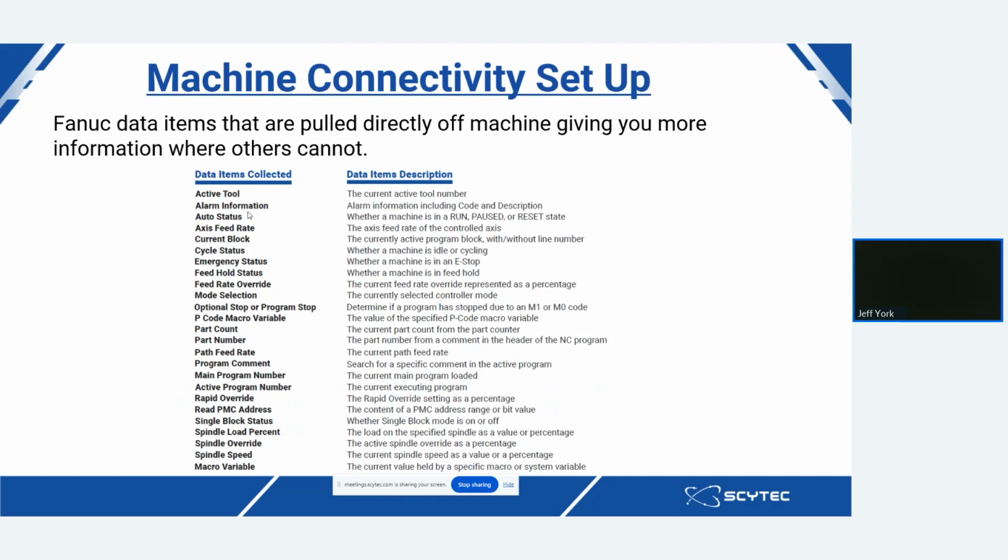If you look there on that left-hand column, you can see what is collected, and next to that a description of those. And we can get down to some minute details with these direct protocol accesses, such as program comments, rapid overrides, auto status, alarm information, cycle status, emergency status, just to name a few.